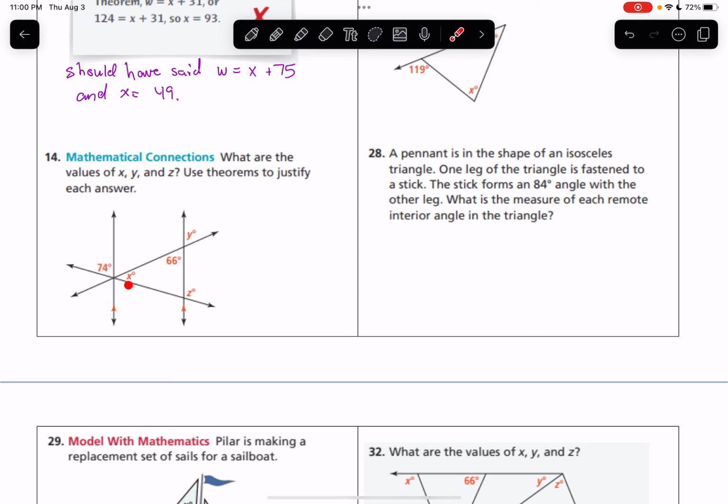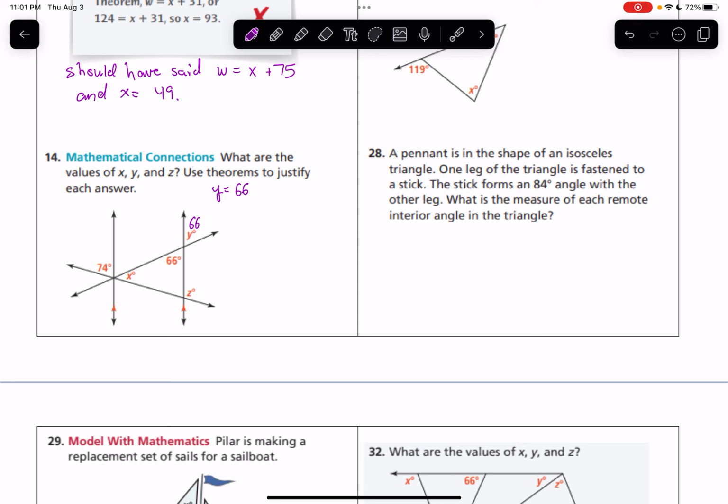Then we can also see that x is actually, we'll come back to x. I'm sorry. I wrote these in order, but I actually solved them out of order. I said my first thing was that y is equal to 66 degrees, right?